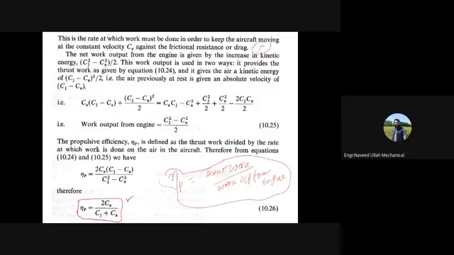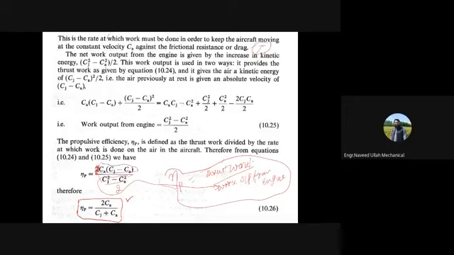ठीक है, तो बहरहाल इसको थोड़ा सा आप देख लें कि the net work output from the engine is given by the increase in kinetic energy. ये जो है ना (CJ² − CA²)/2. ठीक है, ये यहाँ पे है, ये work of the engine है. अब इसको नीचे लेके आए ना, like this, तो this is the same thing. ठीक है, (CJ² − CA²)/2, this is work of the engine. ठीक है, right, and what is this? This is the thrust work per unit time, thrust power जिसको हम कहते हैं.